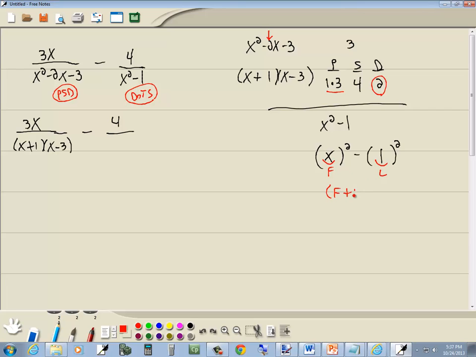And our formula is F plus L, F minus L. Where the F is, we put an x, and where the L is, we put a 1. So this is x plus 1 times x minus 1.